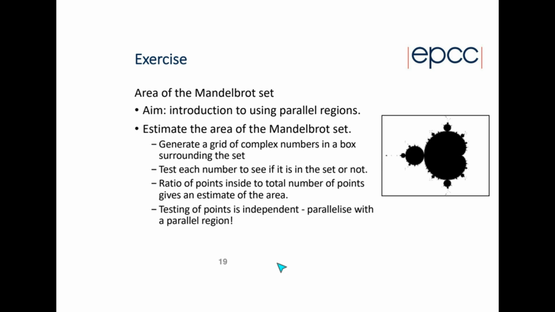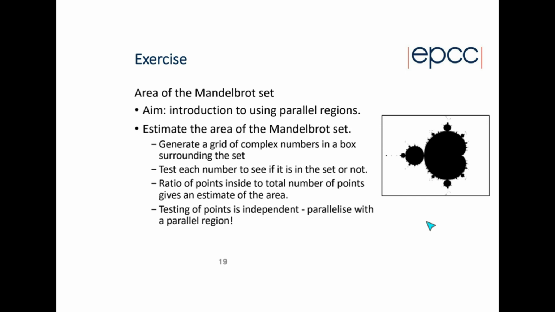The example, just to introduce it very briefly, is a little short piece of code. What it does is estimate the area of the Mandelbrot set. I'm sure you'll all be familiar with the world's most famous fractal.